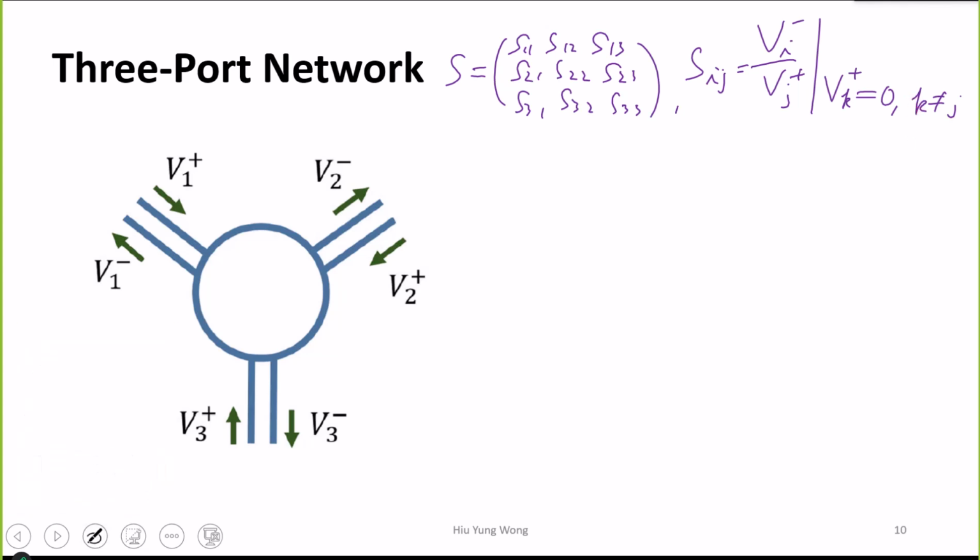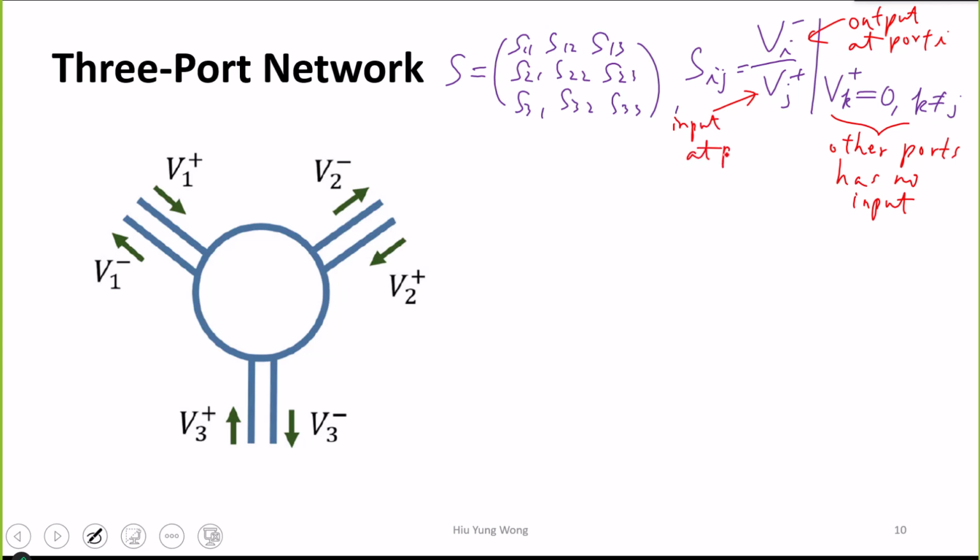So this means other ports have no input, right? So this is output at port i, right? And this is the input at port j. Basically, this is the meaning of the matrix.